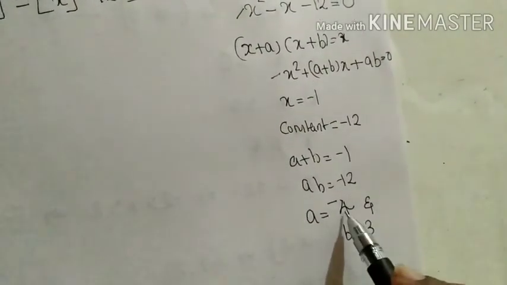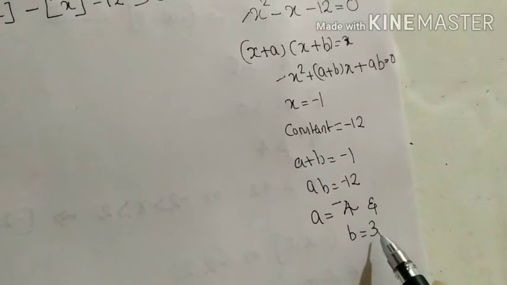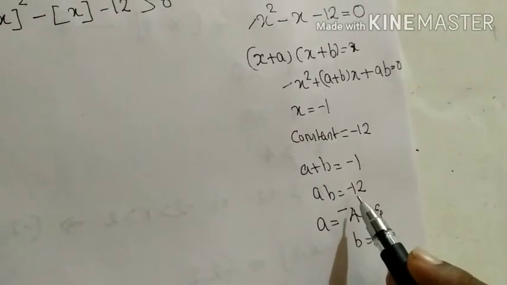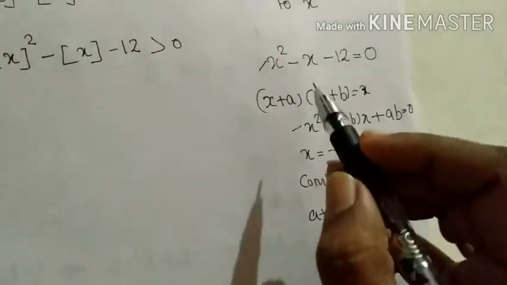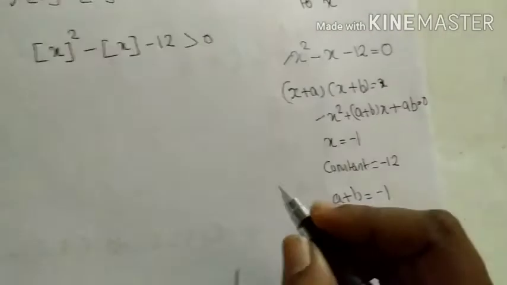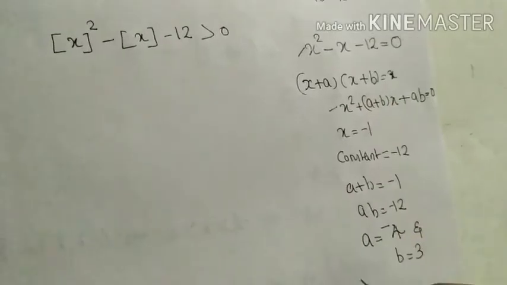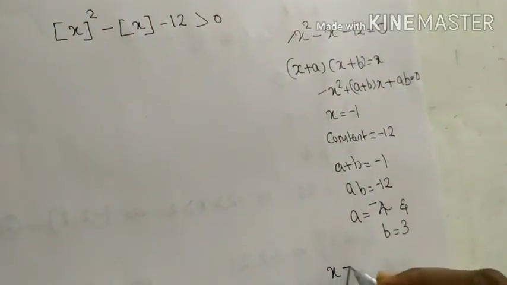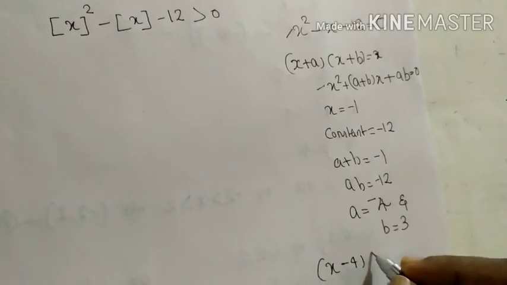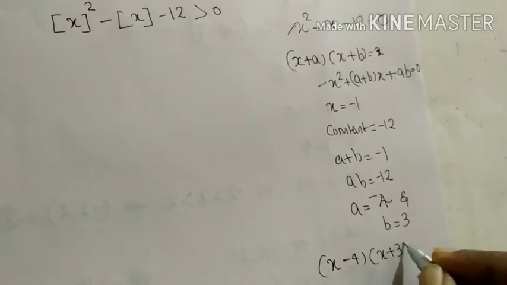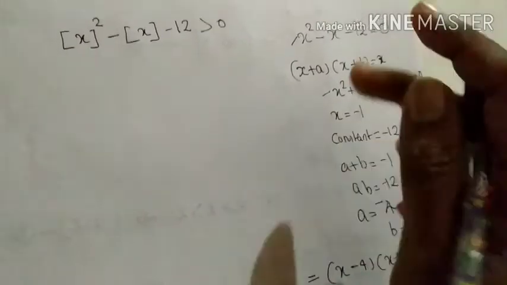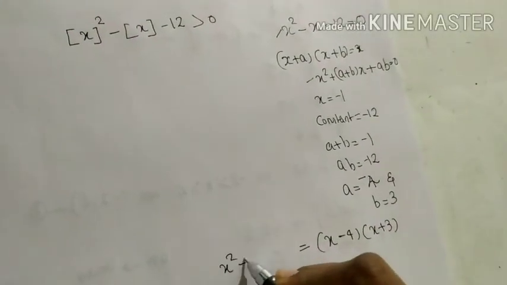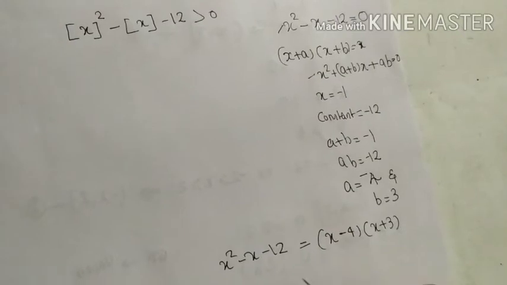If we add minus 4 and 3, we get minus 1, and if we multiply minus 4 into 3, we get minus 12. So we can write x minus 4 into x plus 3 equal to x square minus x minus 12.